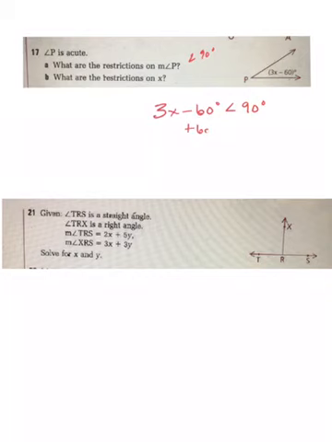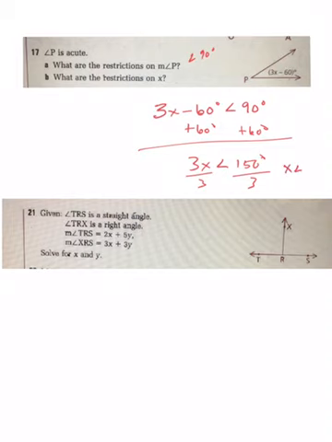And so if I add 60 degrees and divide by 3, x is less than... I know that 3 times 40 is 120, and there's 30 more, which would be 3 times 10. If I don't know 150 divided by 3 right off the top of my head, I can break that down, but 15 divided by 3 is also 5, and so I know that x has to be less than 50 degrees. Anything bigger than 50 would make it a right or obtuse angle.